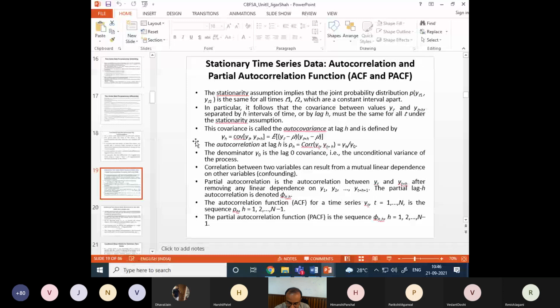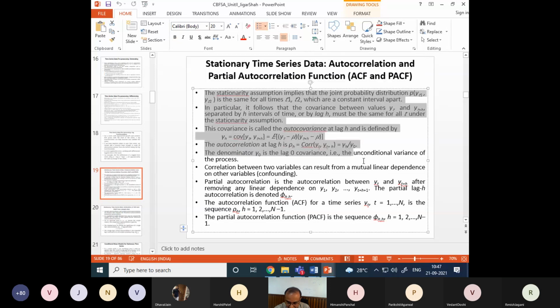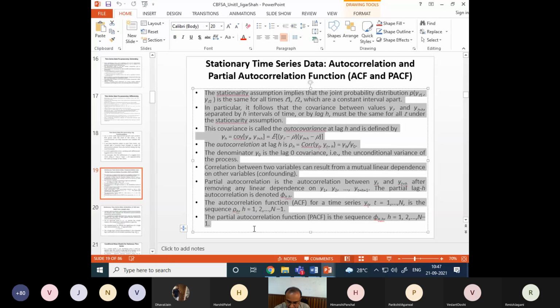Please review today, and tomorrow I will start with the ACF and PACF, which are the autocorrelation function and partial autocorrelation function. Before I start, I request everyone to refer to all 18 slides which I have already uploaded, so that you will not have any lag in understanding. Otherwise, you will not be able to understand so many terms which we refer to in the model.